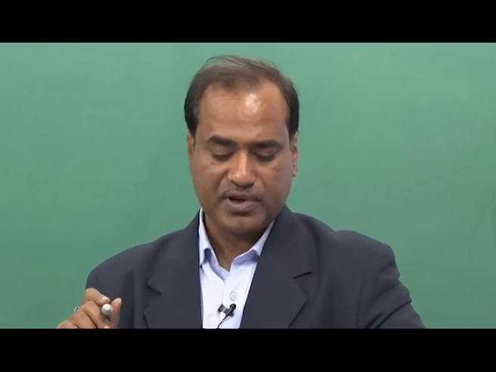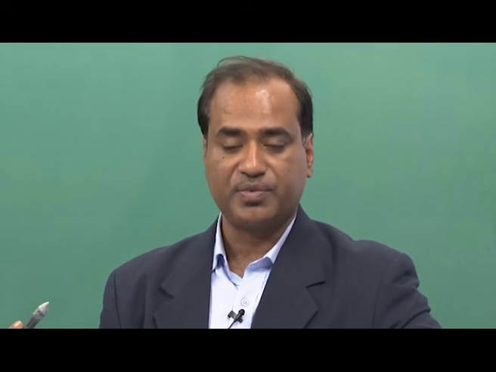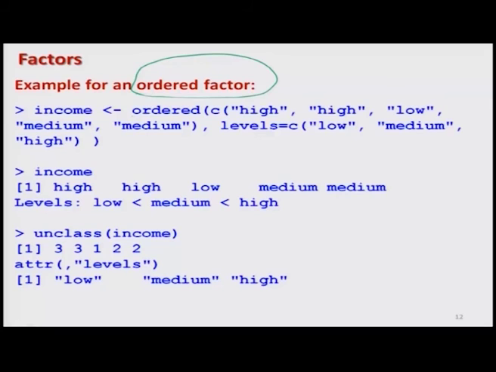So, now in case you want to have some ordering also, then this ordering has to be defined by using a function here, ordered, O-R-D-E-R-E-D, all in small letters, and inside the bracket, similar to the use of factor, we have to give the data.